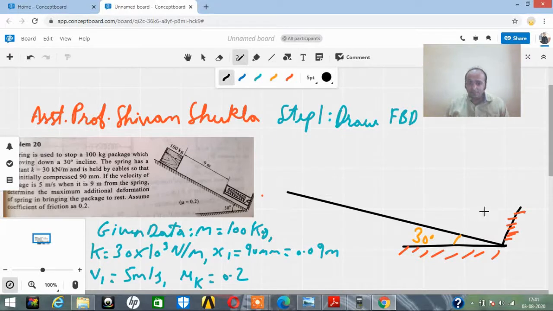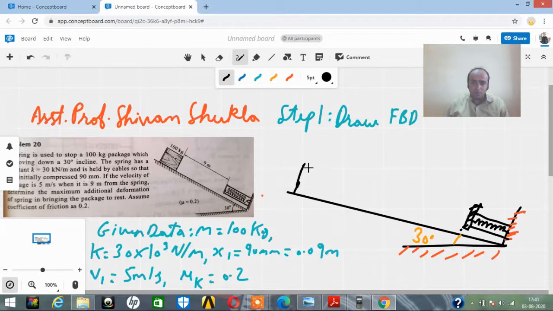Even the stopper is there with us, and even the spring, if I see, is already being compressed. Now I'll be drawing the blocks at position number 1 and position number 2.